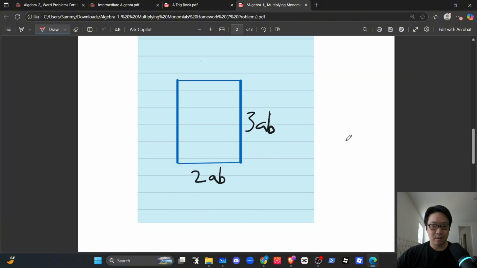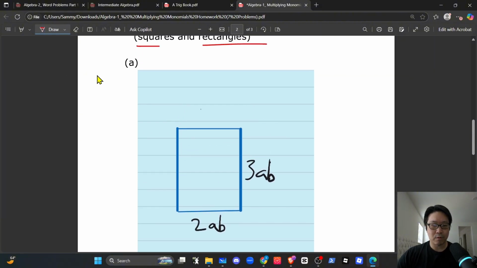And what is the formula for perimeter? Well, for perimeter, our formula is going to be twice the length plus twice the width. And area is given by length times width. Then all we have to do is add twice 2ab and then twice 3ab to get our perimeter.